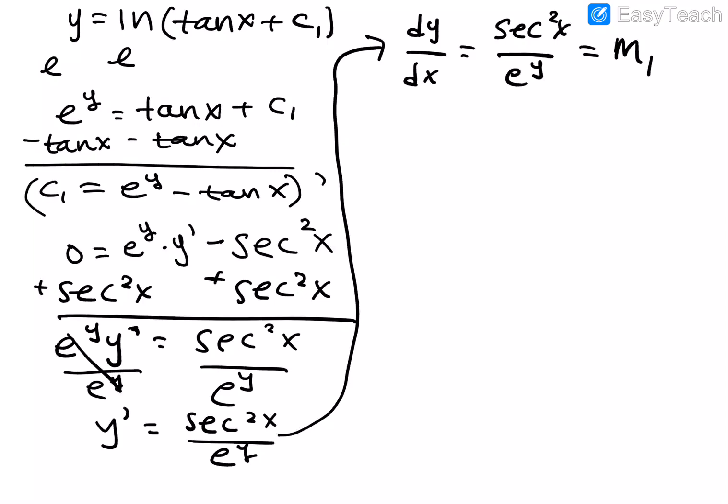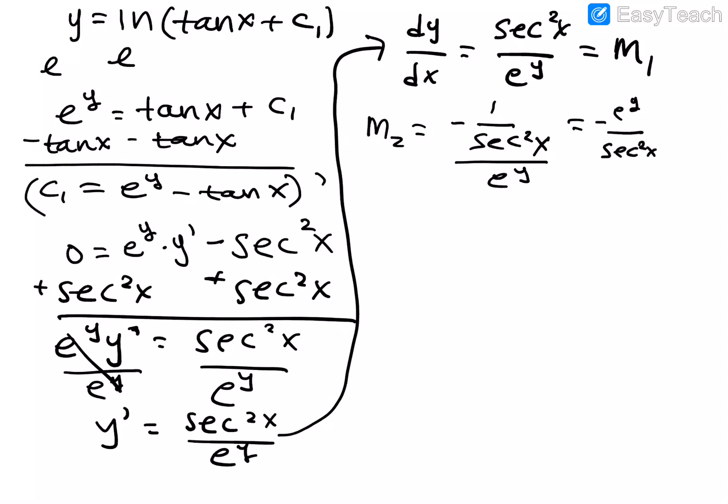So m2 will equal negative 1 over secant squared x divided by e to the y. That would go up. That'll equal negative e to the y over secant squared x. And again, that is equal to dy/dx.